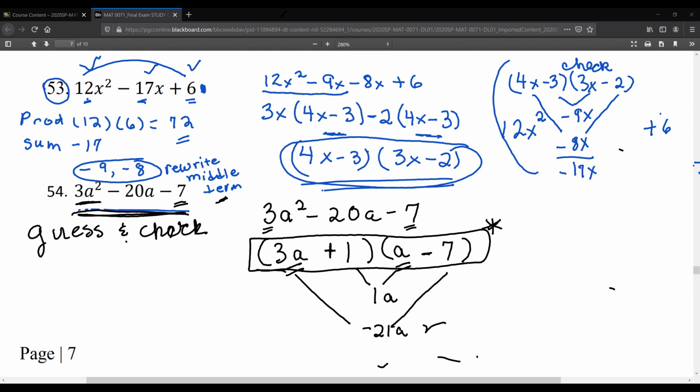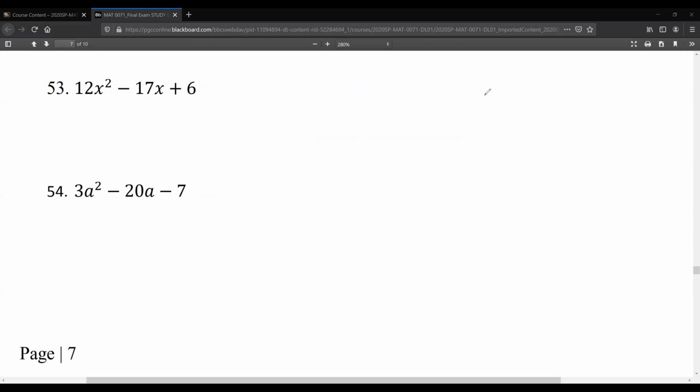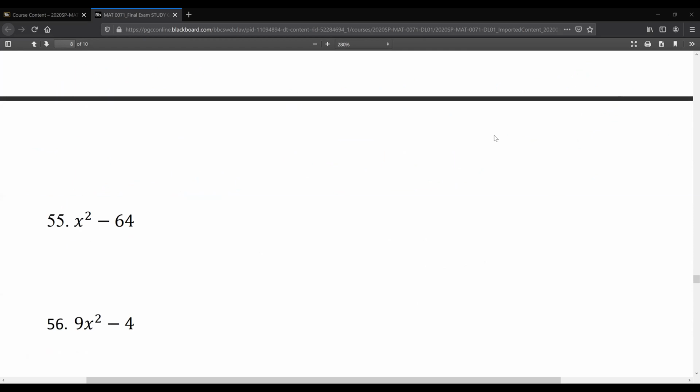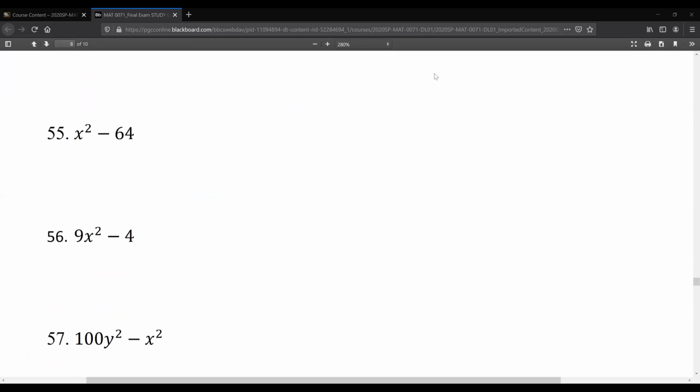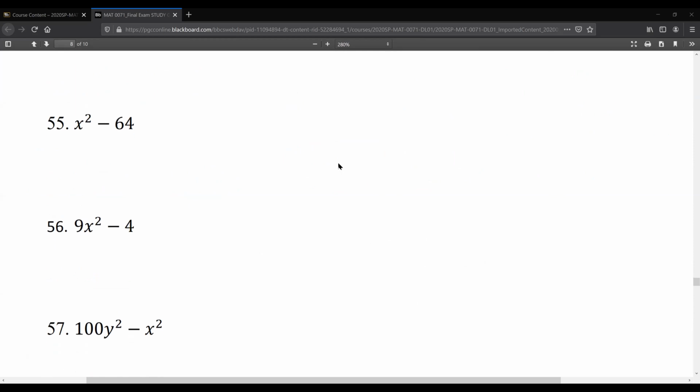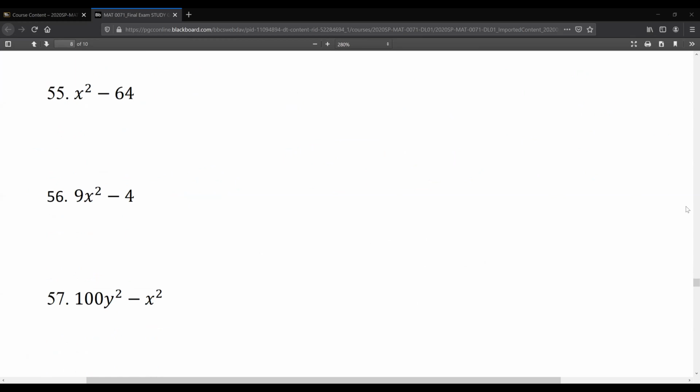Any questions? No. Okay, so while we're here, let's look at some more factoring. Oh, okay, I still have to clear it. All right, so let me clear this and scroll down to 55. These are good. Again, remember, let's look at these 55, 56, and 57.